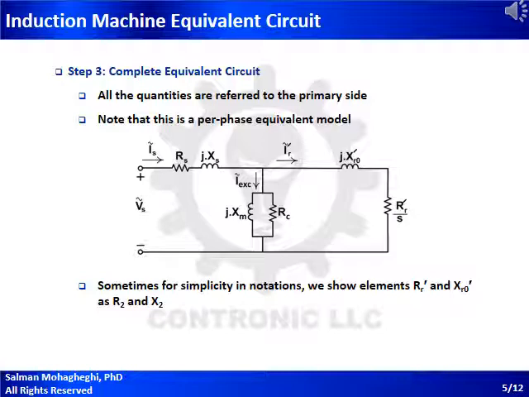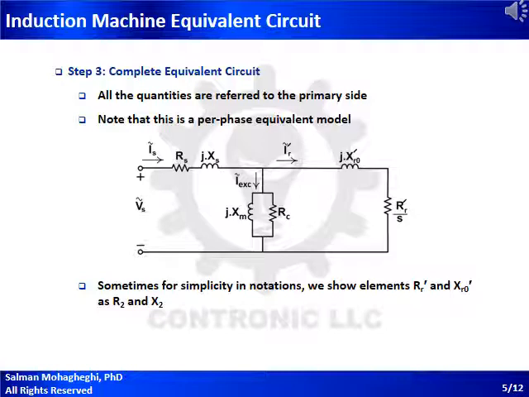On the left-hand side, you have the stator parameters, R_S, the stator resistance, and X_S, the stator leakage reactance. On the right-hand side, you have the referred rotor quantities, R_R prime divided by S and X_R0 prime. Notice that this resistance is dependent on speed, so it is not a constant resistance. And again, as I mentioned before, we have the core parameters just like we do for a transformer.